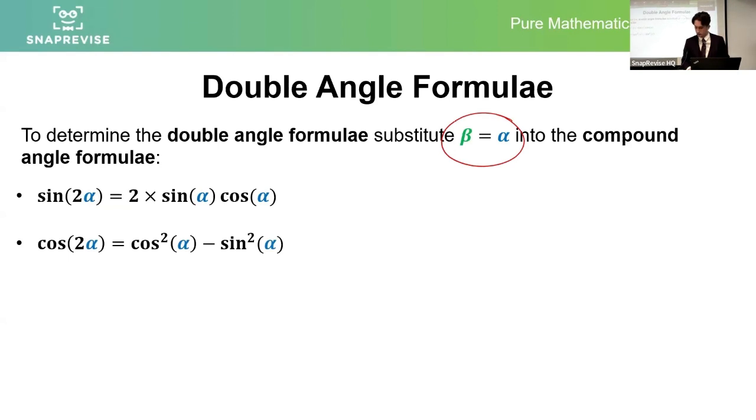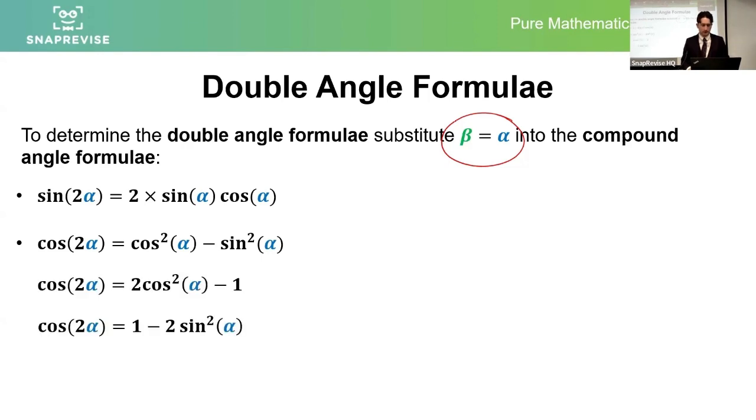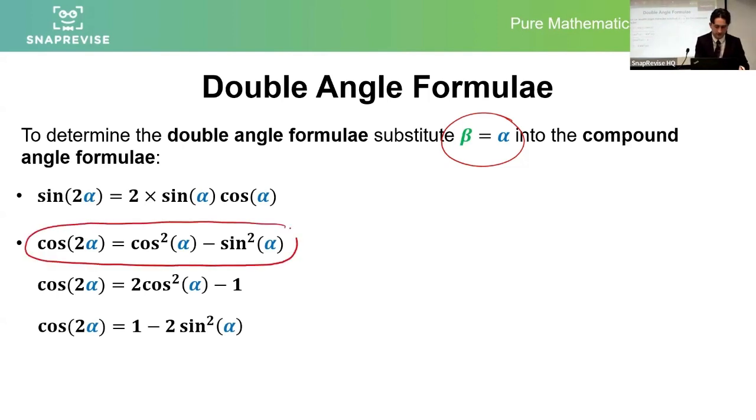What I do want to just point out with this one is that there are actually 2 versions that stem from this. So there's like 3 forms of the double angle for cos. This is really important, and some of you that have gone on and done integration and stuff will have met the reasons we need this later on. The double angle formula for cos is the most user-friendly, most useful format because it ties in with the identity.